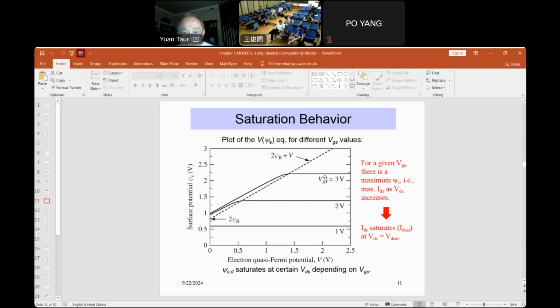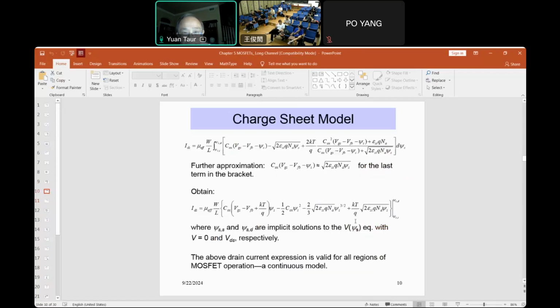If you go even higher VGS, 2 psi B is still approximately the same. Now you follow this line, and you can go to a higher maximum psi S before we go to infinity. This means the current will saturate, because current is given by that between psi SS and psi SD.